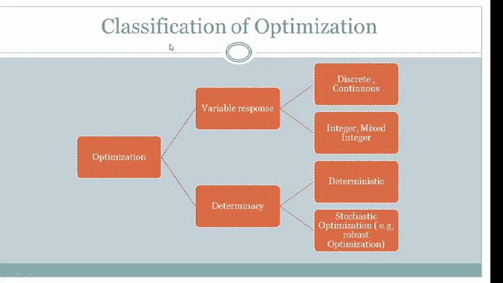Now we may also classify the optimization problem by variable type, that is discrete or continuous, or a mixture of discrete and continuous, and integer or mixed integer. And with respect to determinacy, the entire set of optimization problems may be categorized into two portions, that is deterministic and stochastic optimization.